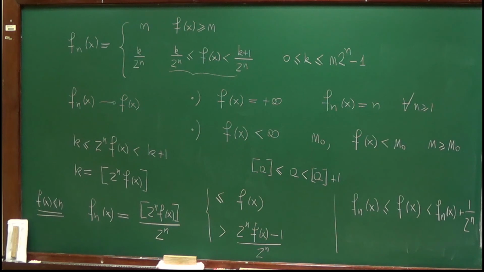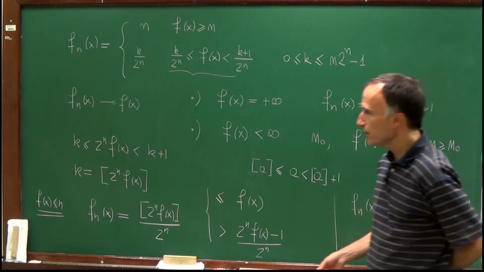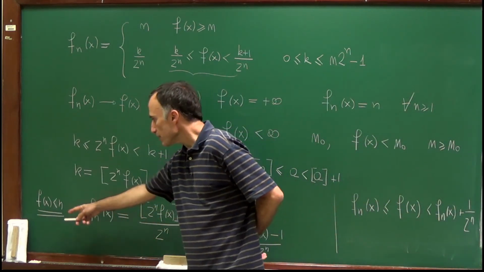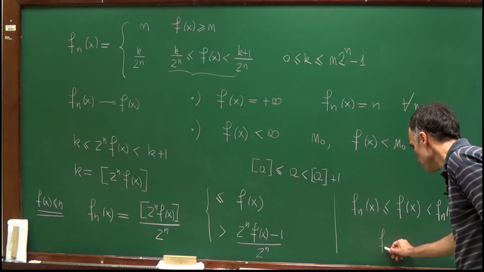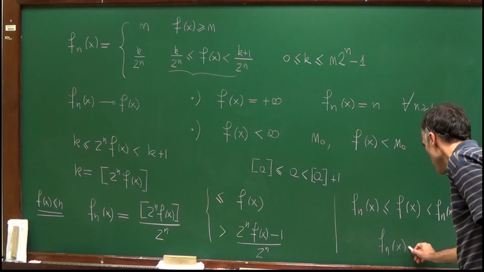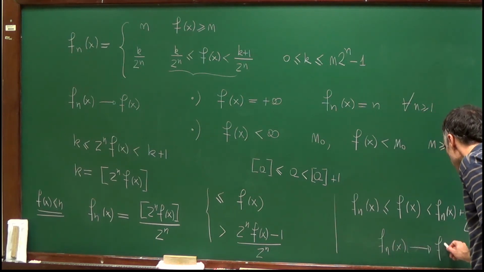Right? So we just proved that if f of x is smaller than n, then f of x is contained between Fn of x and Fn of x plus 1 over 2 to the n, which proves that as n tends to infinity, Fn of x converges to f of x.